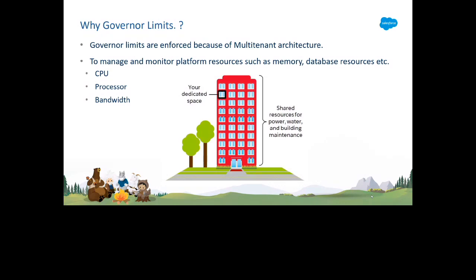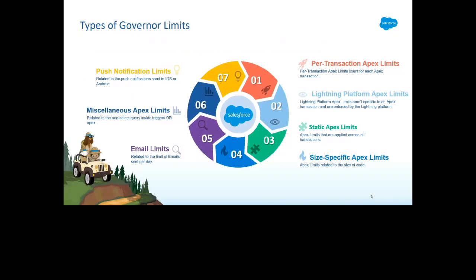If we move to the next slide, the different types of governor limits. The first one is the per-transaction Apex limit. The second is the Lightning Platform Apex limit, static Apex limit, size-specific Apex limit, email limits, miscellaneous Apex limits, and push notification limits.